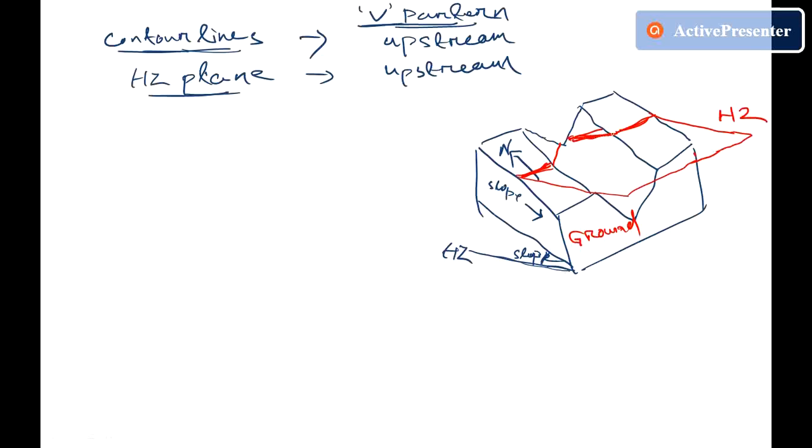Because this is the horizontal plane passing through this surface. So how will it intersect the ground surface? It will intersect with a V, where the V is pointing upstream. This is your upstream direction, and this is your downstream direction. So it will point V upstream.